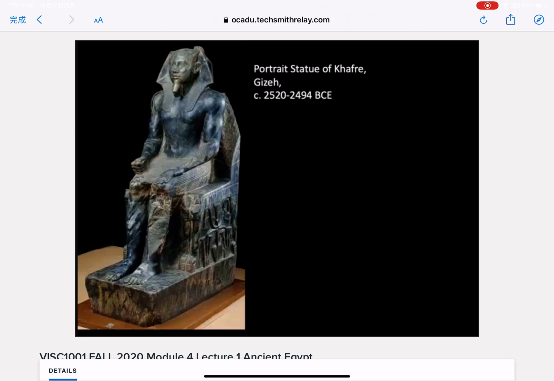And before I continue, I'm just going to criticize myself. I've called this the portrait statue of Khafre, and I might just call it statue of Khafre or Khafre enthroned, because it's not a portrait in the modern sense, how we use the term portrait. It's not a documentary likeness of the individual ruler. It is a representation of him and his kingship.